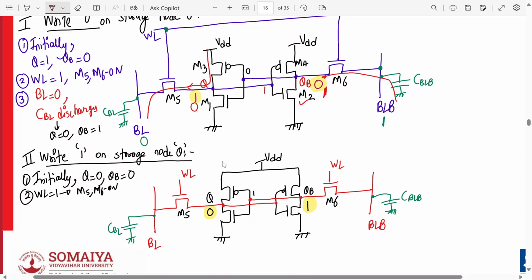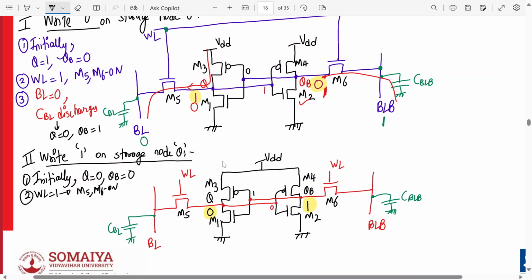In this case, which transistor is on? If you apply 1 over here and 0 over here, tell me. If you apply 1 over here, this transistor is on, right? M1 becomes on. This is M3, this is M4, this is M2.